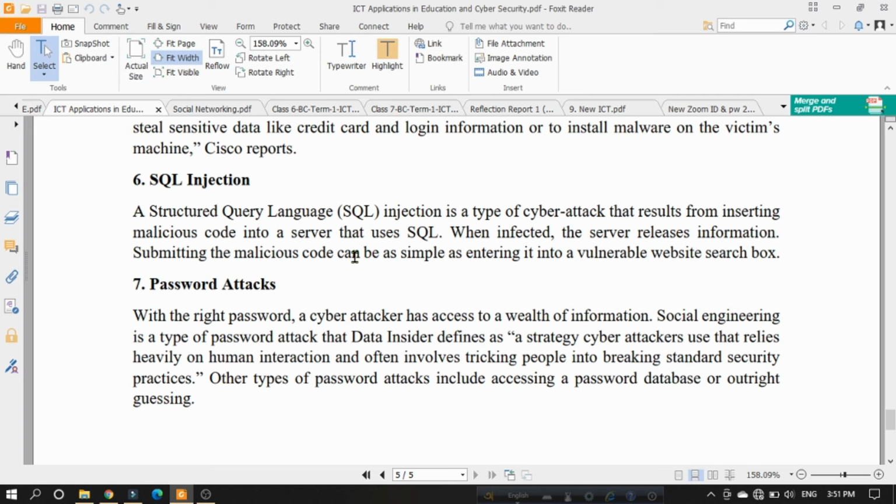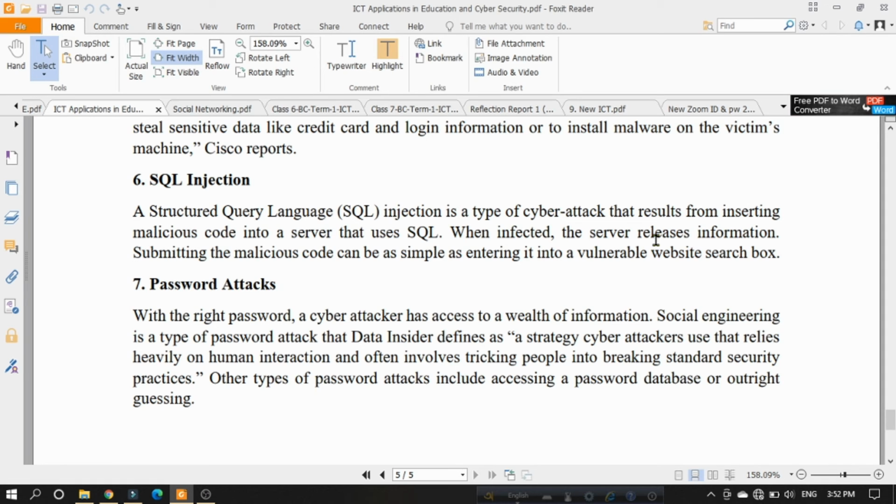When infected, the server releases information. You can write these 2 lines for these points. Submitting the malicious code can be as simple as entering it into a vulnerable website search box.